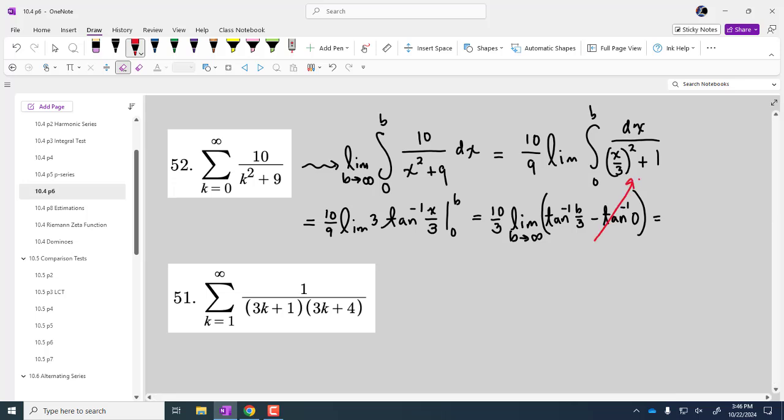So that's going to 0. And what about arctan of b over 3 as b goes to infinity? What's that going to be? Pi over 2. So we will end up with 5/3 pi.